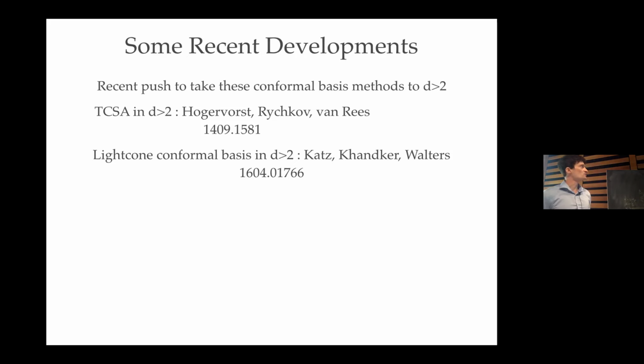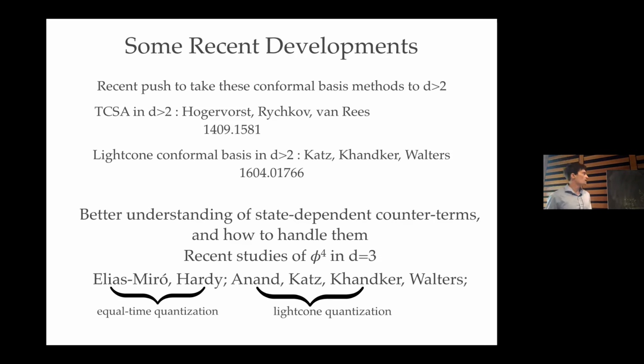Shortly after, there was a paper using the light cone formulation by Ami Katz, Zohar Komargodski, and Matt Walters, showing how to extend that to greater than 2 dimensions. And there's been progress since then. Just a year ago, there were 2 papers, one in each method, doing phi-4 theory in 3 dimensions and getting fairly precise results. The main obstacle was figuring out how to do a regularization and handle the state-dependent counterterms, and they now have a much better understanding of how that works.